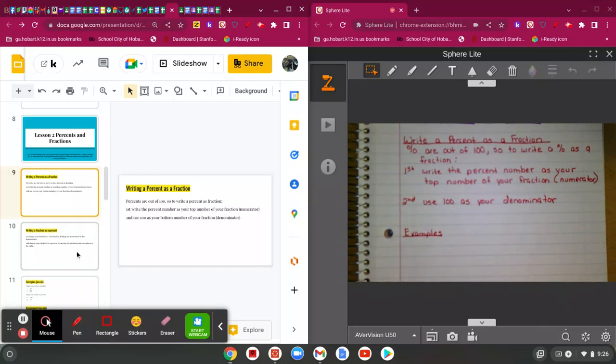So to just look at a few examples, okay? If I wanted to write 2% as a fraction, the 2 is my numerator, and since percents are out of 100, 100 is my denominator, okay?